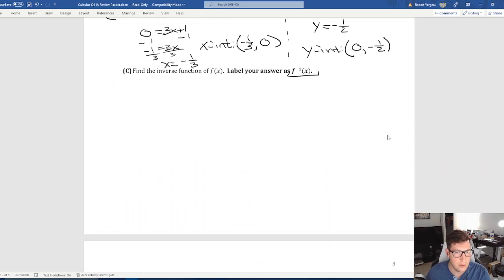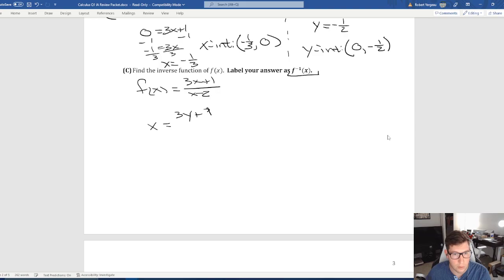We have (3x plus 1) over (x minus 2). If I have f of x, just restating the original function, I know that if I'm finding the inverse, step 1 is always to swap the variables. So I'm going to have x is equal to (3y plus 1) over (y minus 2).